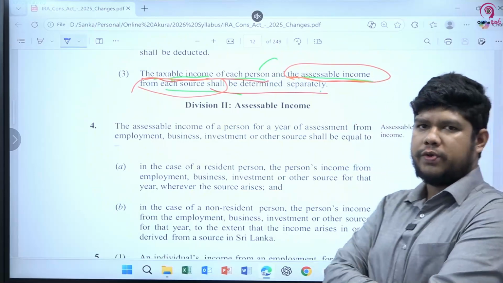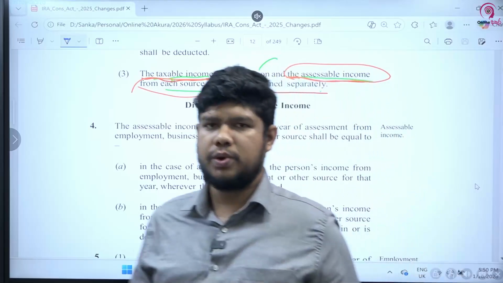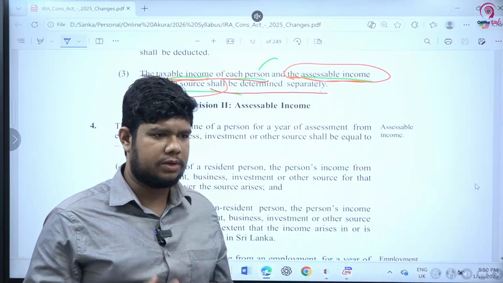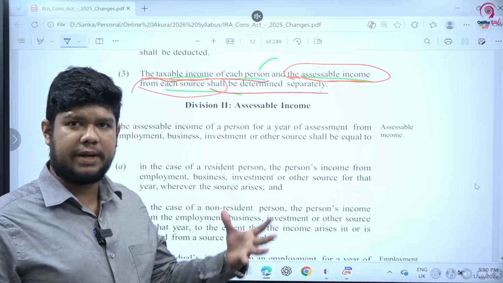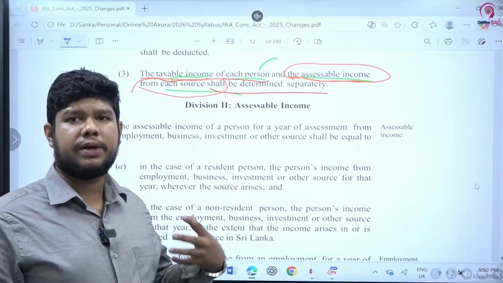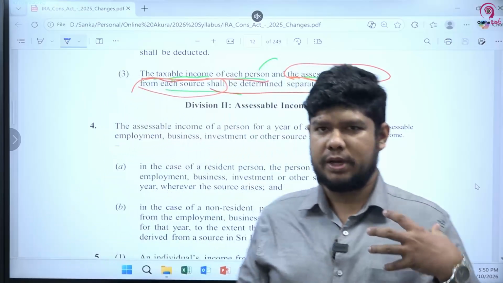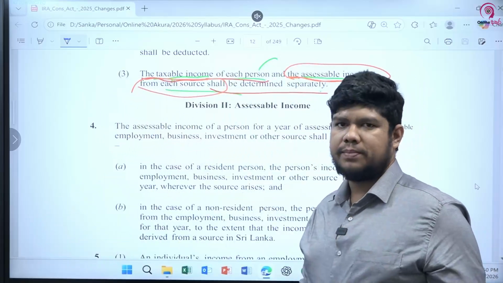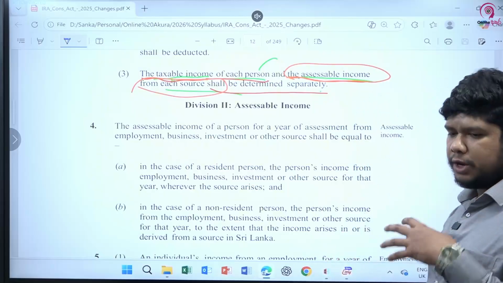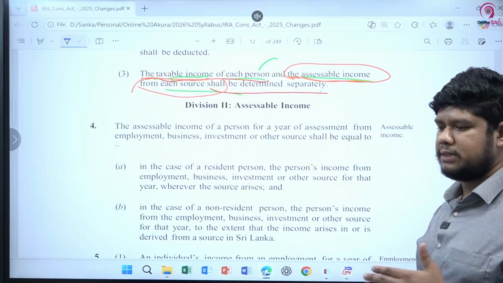Now I hope you have taken your Inland Revenue Act and you can write notes there, and you need to keep a separate CR book and write whatever I am explaining for each section. You take the section heading, section number, section title, and you write my explanation, my example, everything.